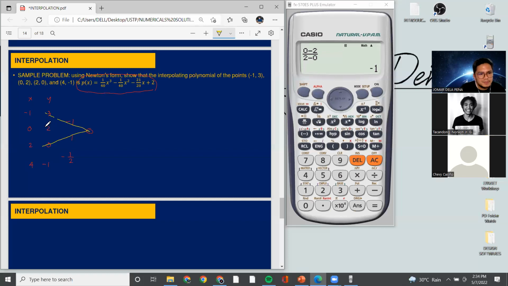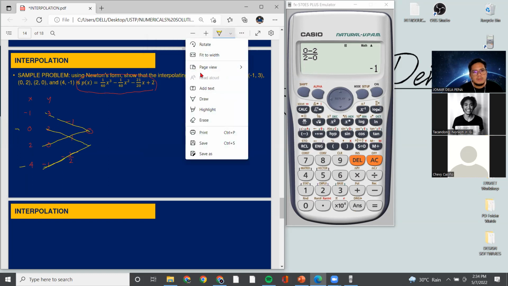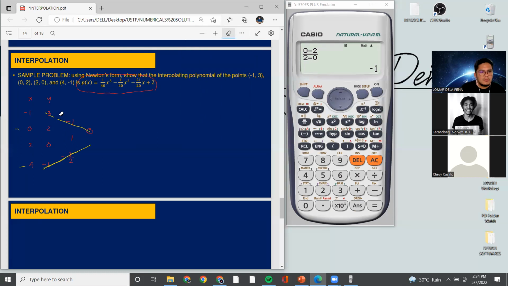And then for this one, this is negative 1/2, no? So ang atong denominator is 4 minus 0. Okay? Kung ma-familiarize ninyo ang katong equation kaganina, dili na mo malipat kung sa yung denominator.